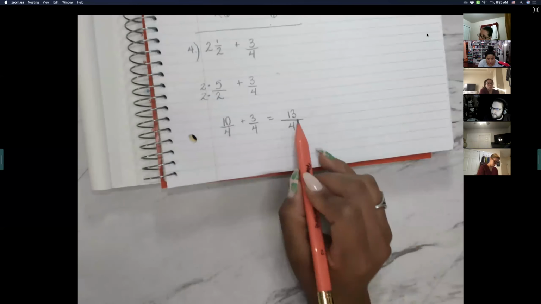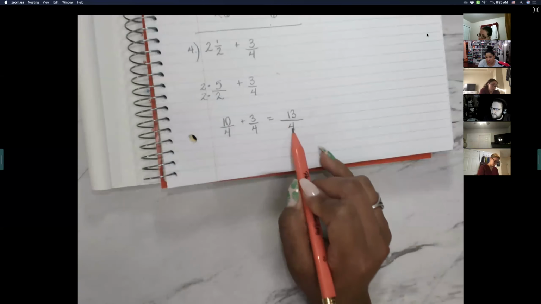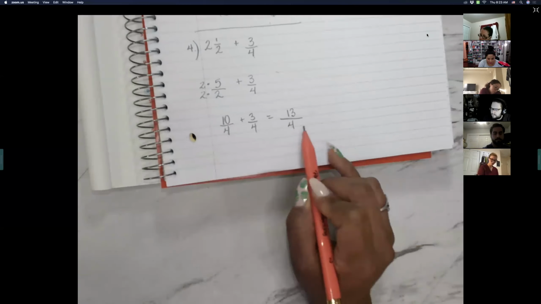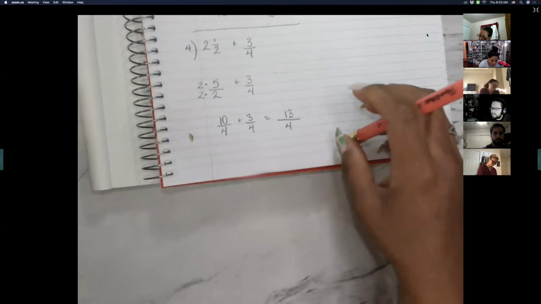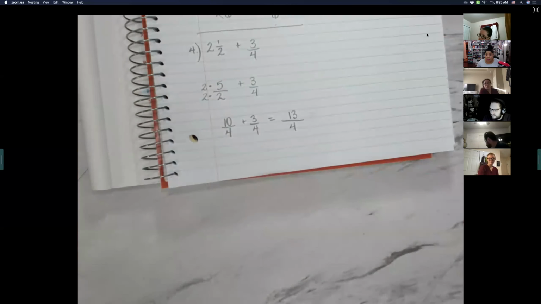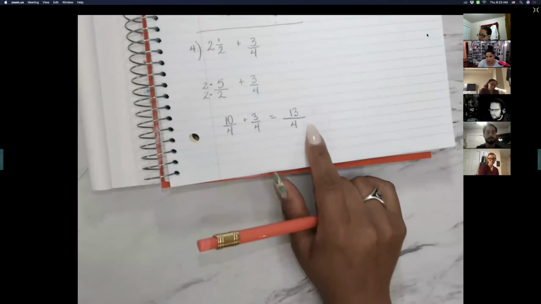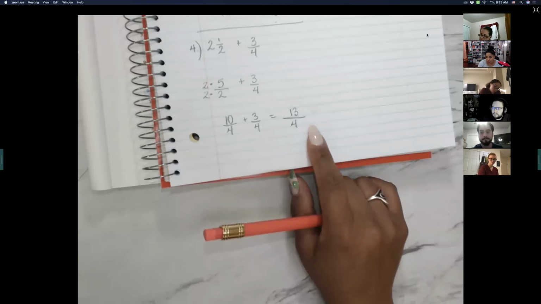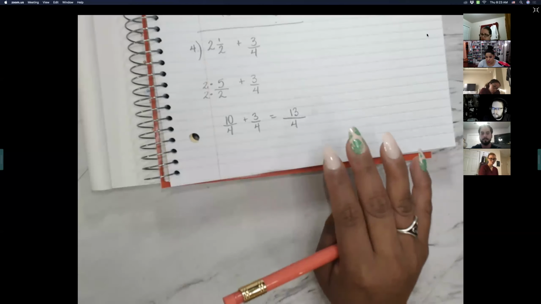The only thing I can divide 4 by is 4 divided by 4 or 4 divided by 2, but I can't divide 13 by 4 and I can't divide 13 by 2. So I can't reduce this fraction any further. It already is in its lowest terms.